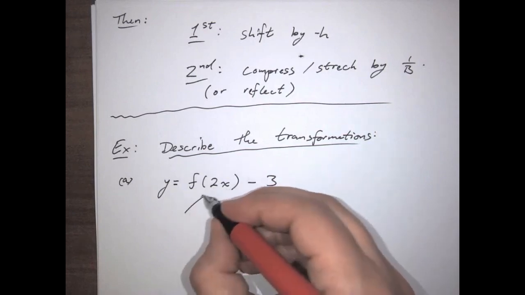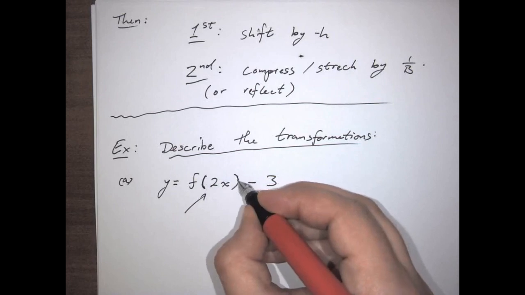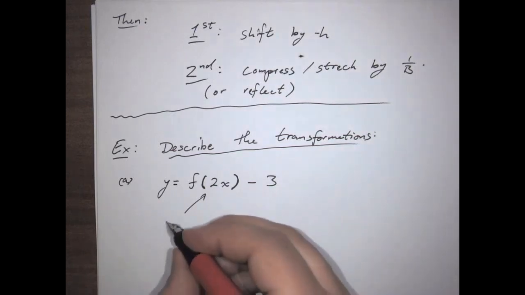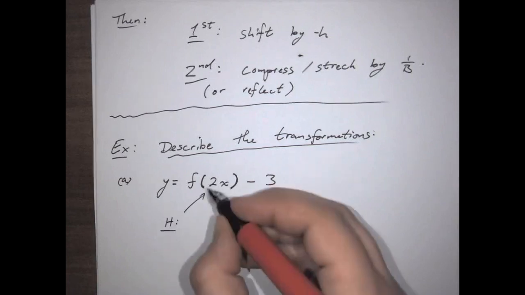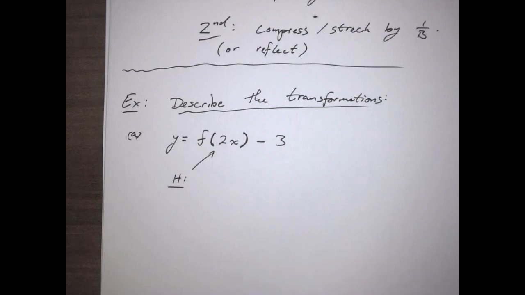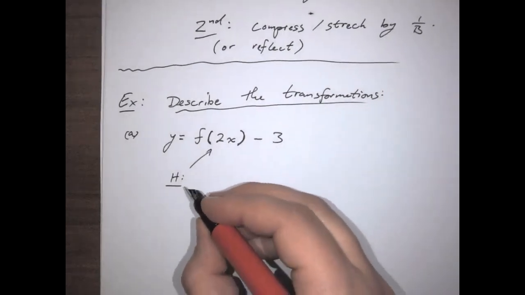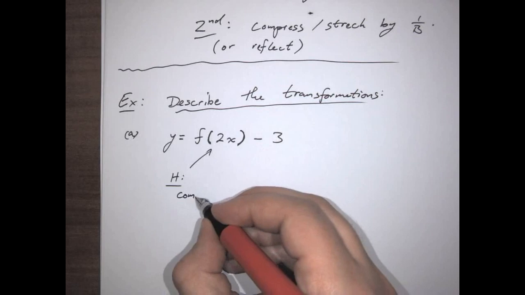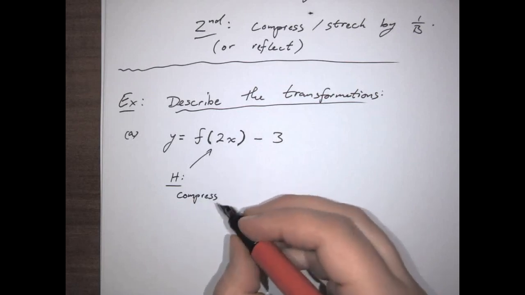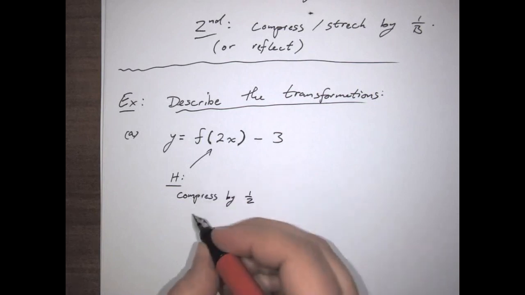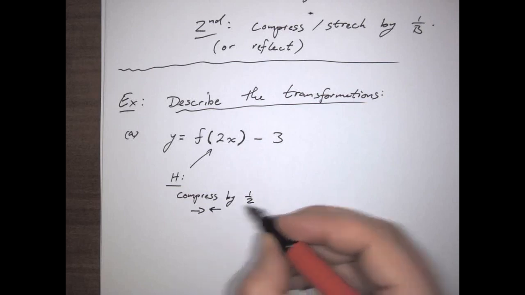So first off, on the horizontal side of things, this is the boundary once again between the inside and the outside. This is where the input is changed, and outside of those parentheses is where the output is changed. So here, horizontally, what we're talking about is a multiplication by a factor. So that's going to be speeding up or slowing down the graph, which is going to be stretching or compressing it. And because it's being sped up, it's going to be compressed by a factor of 1/2. So it's going in, like that.